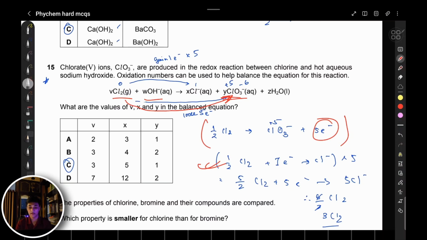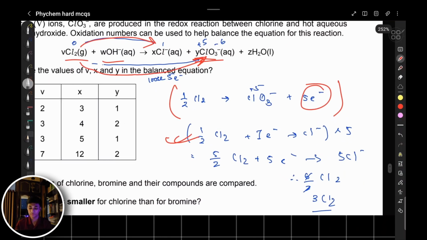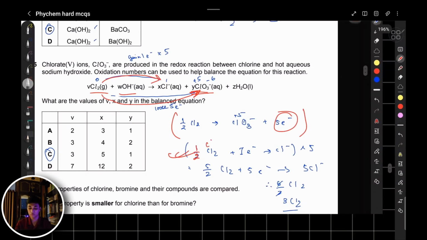Okay. And for another product, it's gaining 1 electron. So half chlorine, meaning 1 chlorine atom, will gain 1 electron to give you Cl minus.